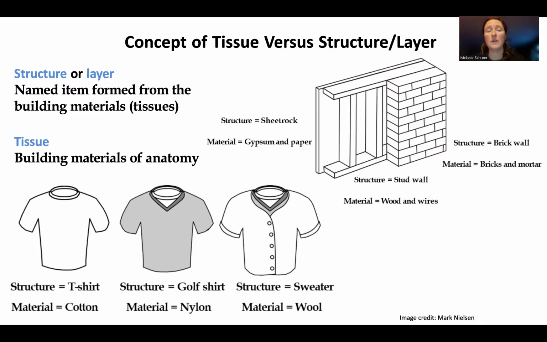Sheetrock, stud wall, brick wall, and they're all made of something different. And the tissue, of course, gives rise to the function, right? The material, what it's made of, gives rise to the function of the structure. We wouldn't put sheetrock on the outside of a building because as soon as it rained, it would just fall apart, right? So the structure and its tissue matches the function.